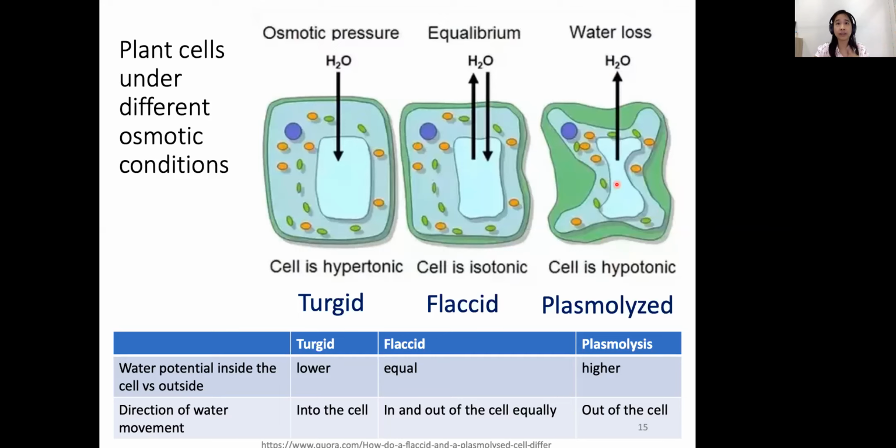We can call this condition that the cell is under hypotonic condition. Hypo means less, hyper means high. And the cell is considered to be plasmolyzed. The process that makes this plasmolyzed cell is called plasmolysis.